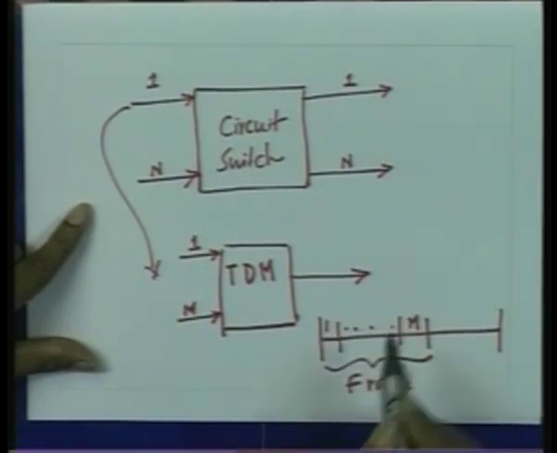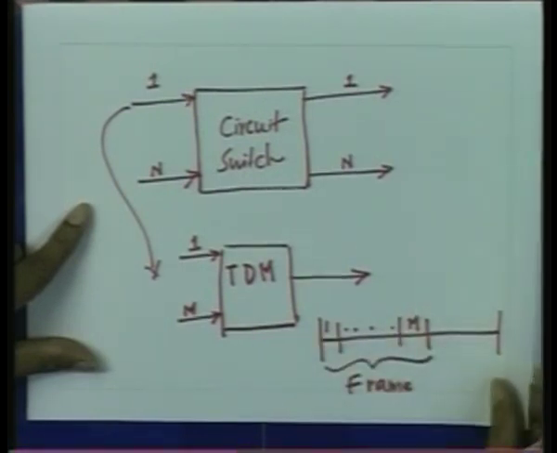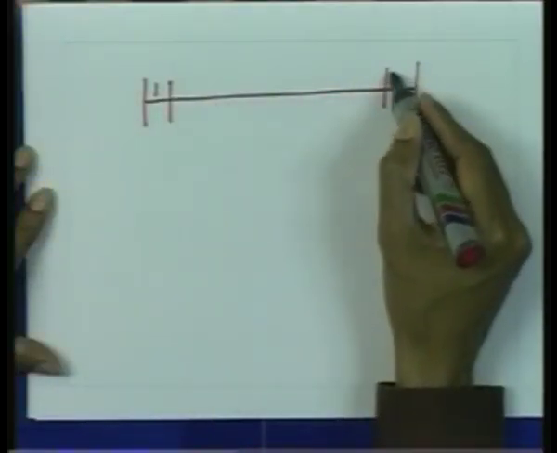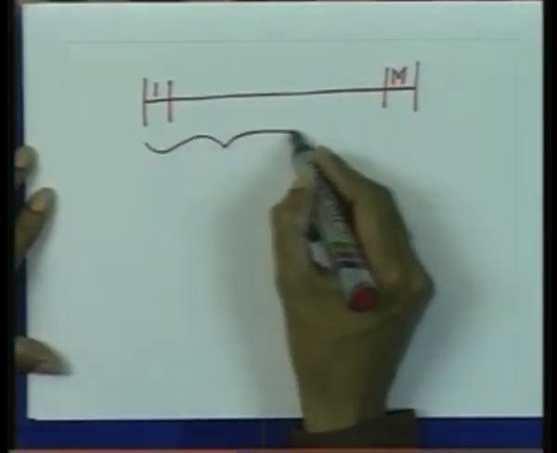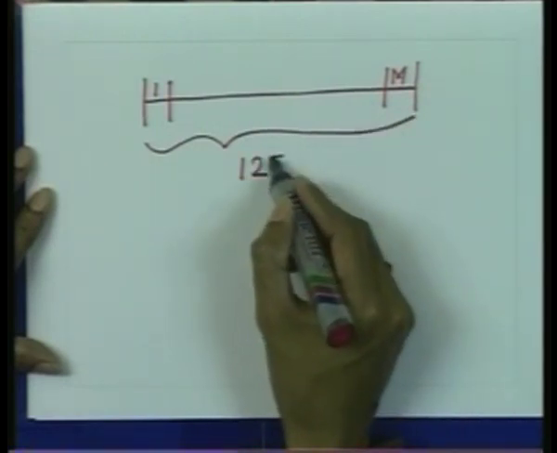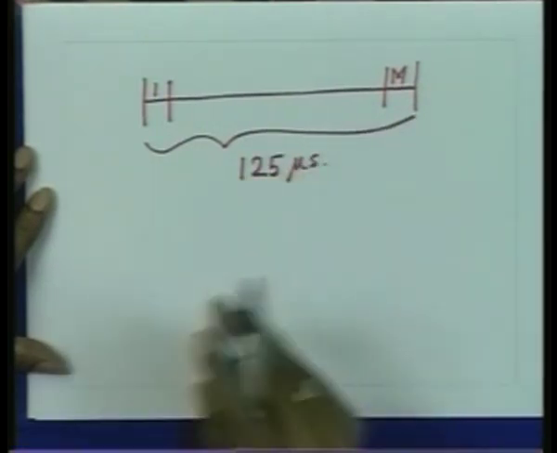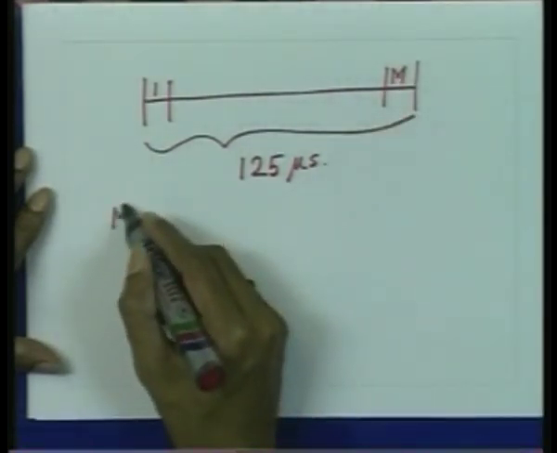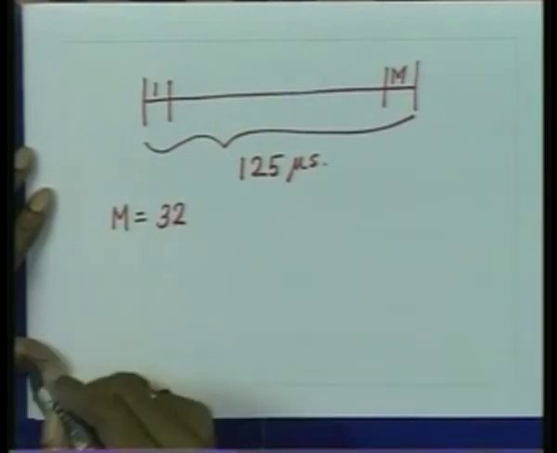Typically this frame duration is, let us say, 125 microseconds. So there is this time frame having 1 to m slots. The frame duration could be 125 microseconds, a typical example, and the value of m, let us say, is 32.